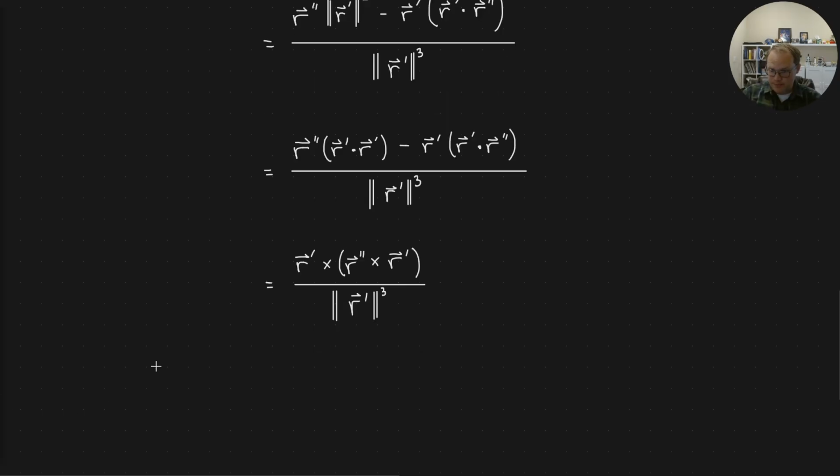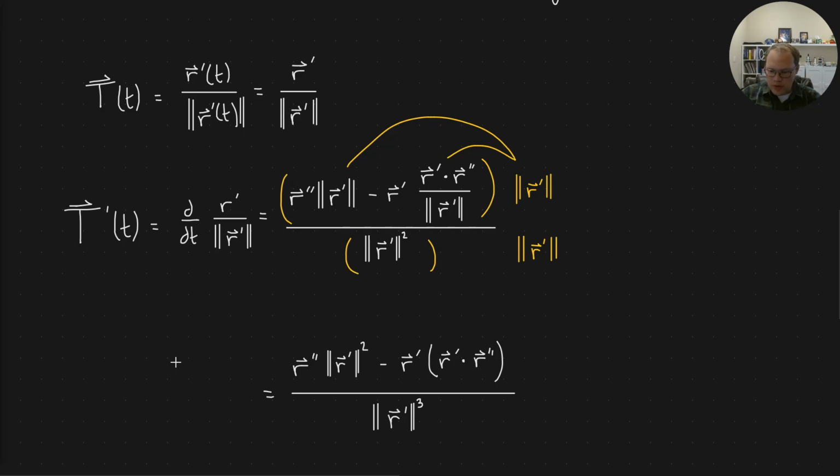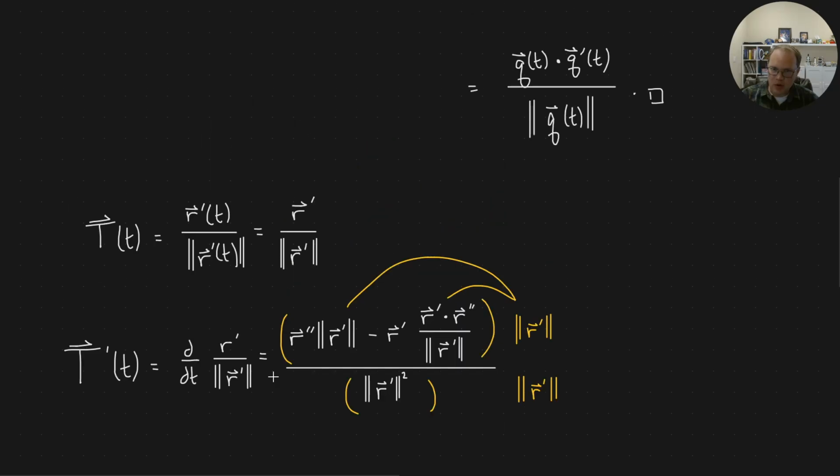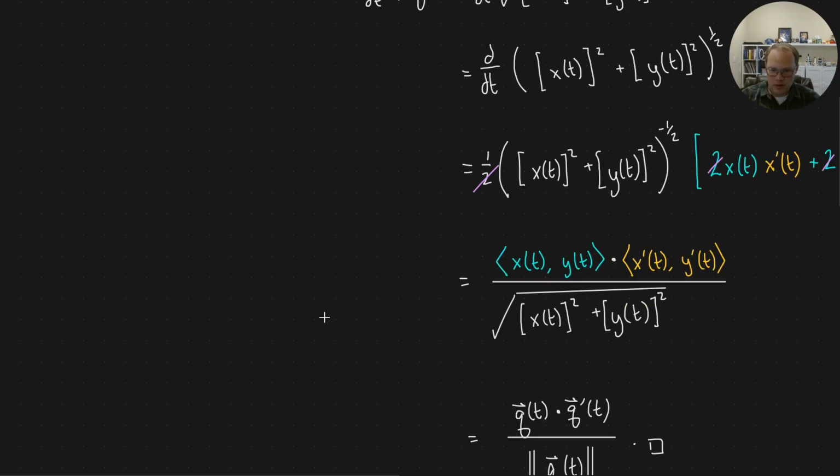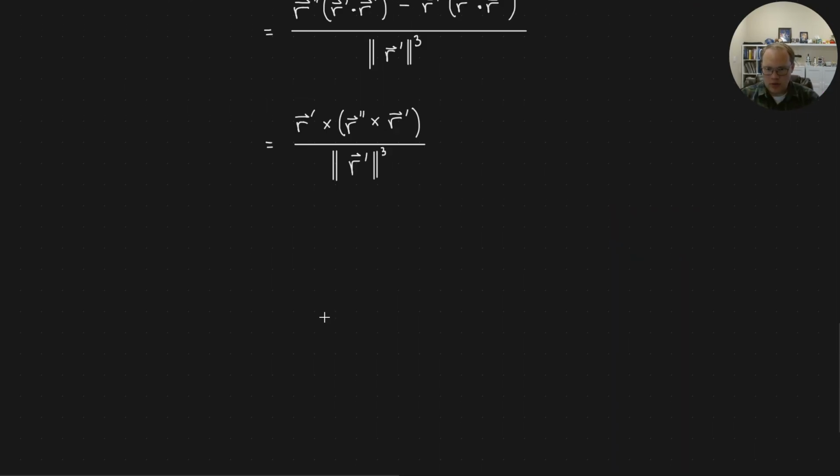Okay, we're almost done. So this is the derivative of the unit vector t, right? The unit tangent vector t. If we look at our original formula for curvature, we want the norm of that unit tangent vector. Okay? So let's get the norm of the unit tangent vector and see if we could simplify this any further.